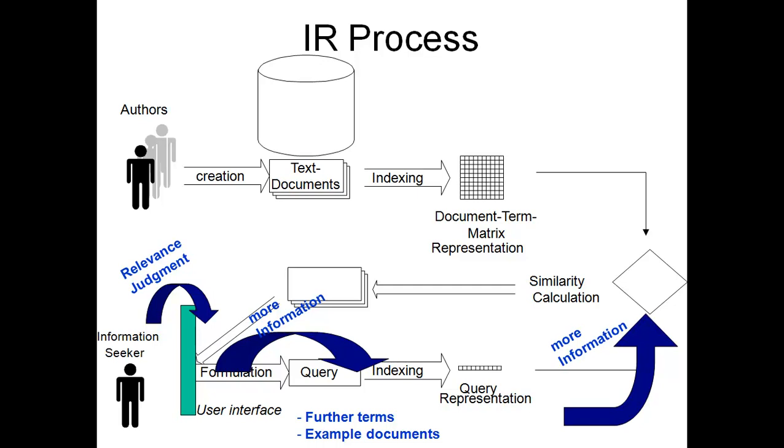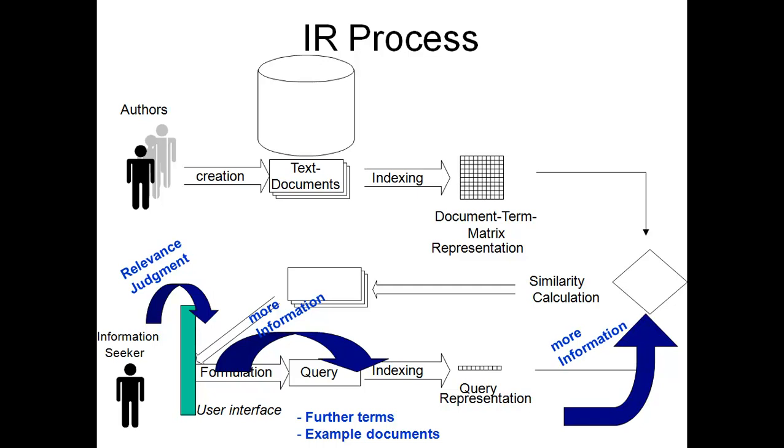We have example documents, and from that we can get further additional query terms. We say, in these 2 documents, term X and term Y are very frequent, more frequent than on average in a collection, and that maybe these are interesting for the user. So we add these terms to the query.